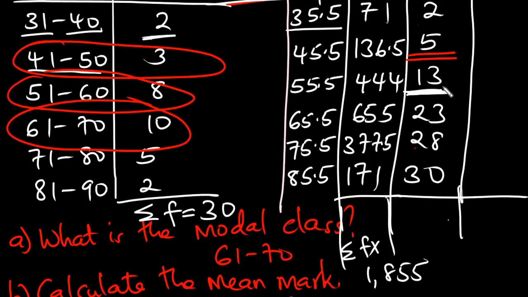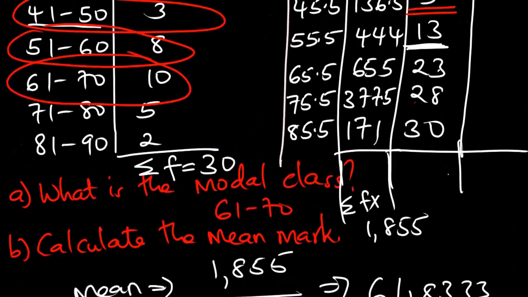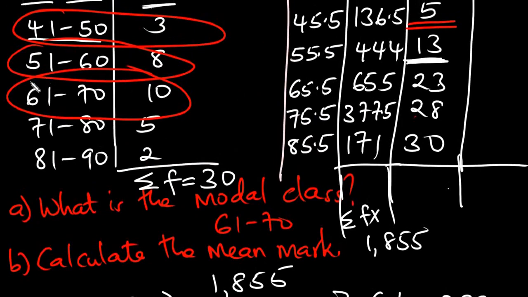That means from the 14th position, the marks are in the class 61 to 70, all the way up to the 23rd position. So the median mark, the mark at the 15th position, lies in the class 61 to 70. We have our median class now.